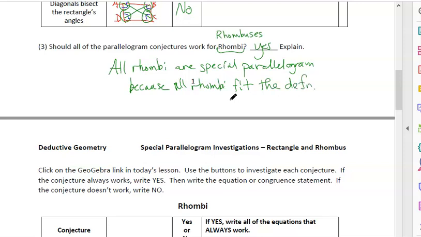So like the rectangle, a parallelogram is a quadrilateral, which all rhombi are, and that has two sets of parallel sides. And every rhombus, like a rectangle, has two sets of parallel sides. So it fits the definition.